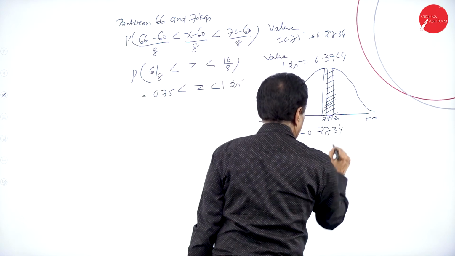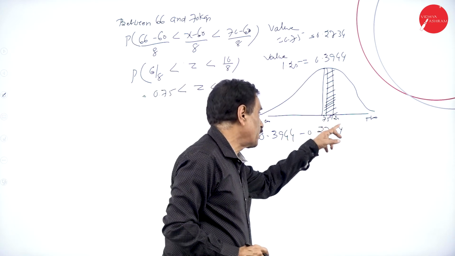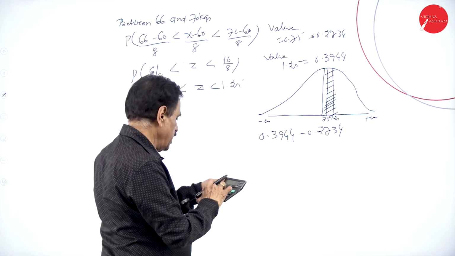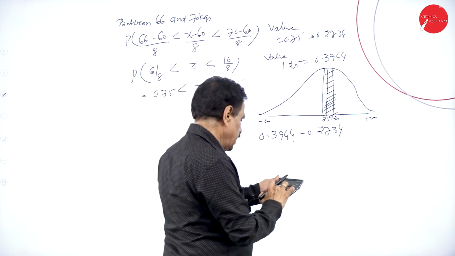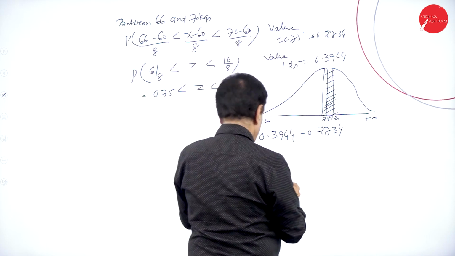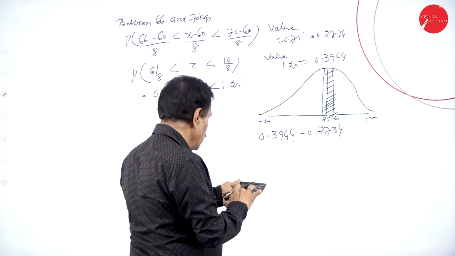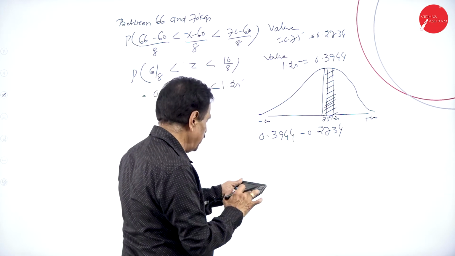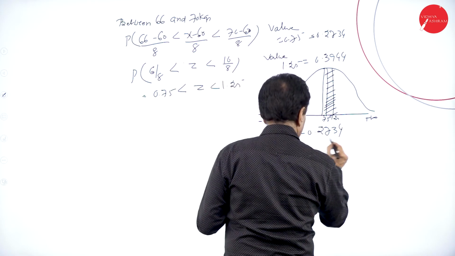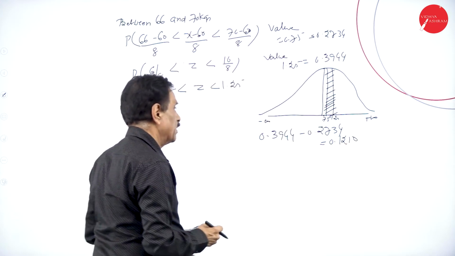If they come on this side, both should be added. Here the value is like this. From the highest value, deduct the lowest value. So 0.3944 minus 0.2734 is 0.121.